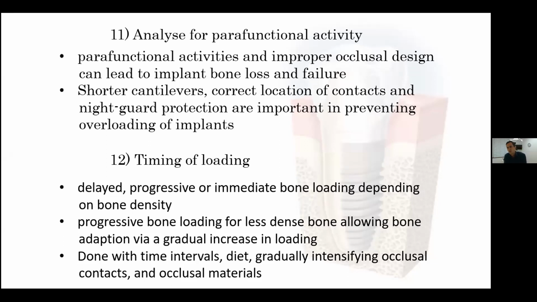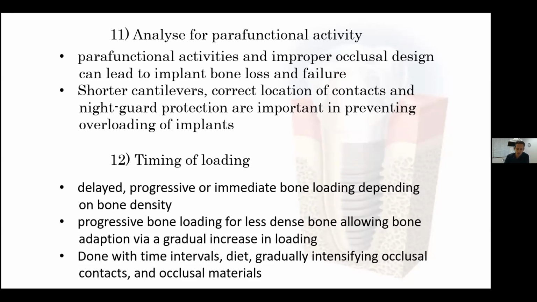And eventually, when that has happened over several months, we can then finalize our materials and then change to the harder non-flexible materials. So you use a combination of increasing contact strength and materials to slowly load the bone to increase the density over time. So these are the 12 points that one should look at with the implant protected occlusion.